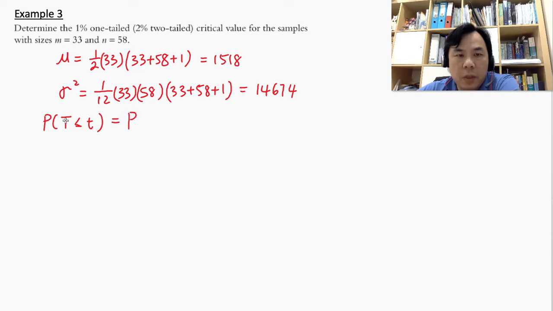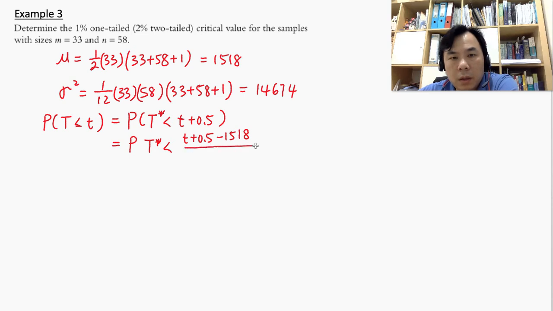And don't forget t is a discrete number, so therefore I need to perform a continuity correction here by adding 0.5 here. Okay, so I'm going to write down the formula first. This would be t plus 0.5 subtract off with 1518, and then divided by the square root of 6 here.